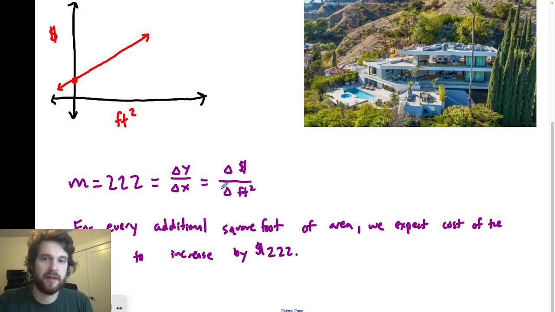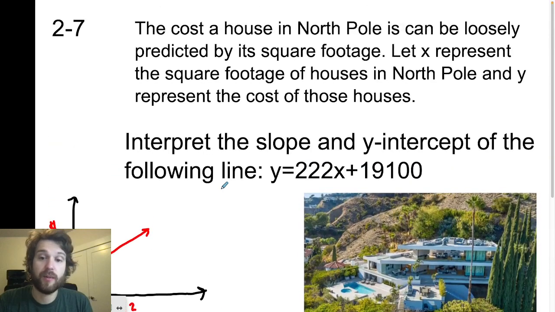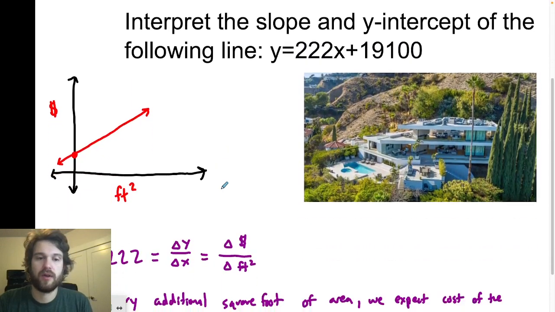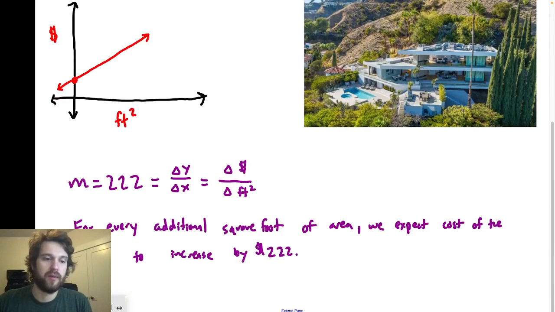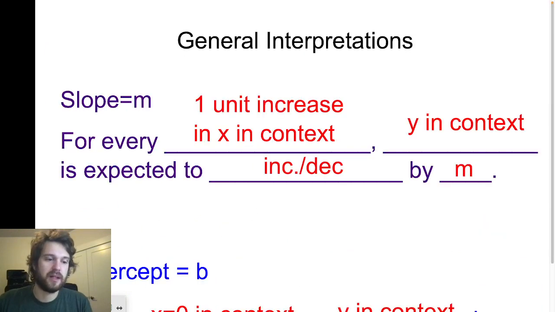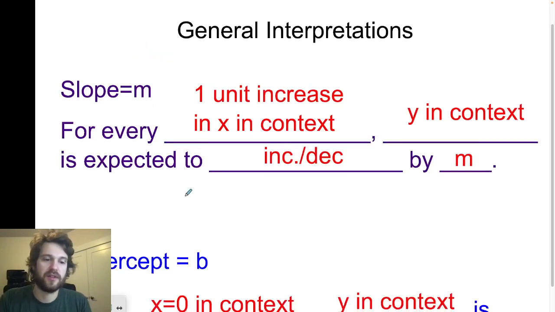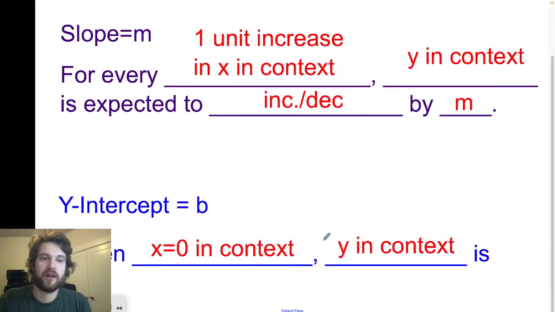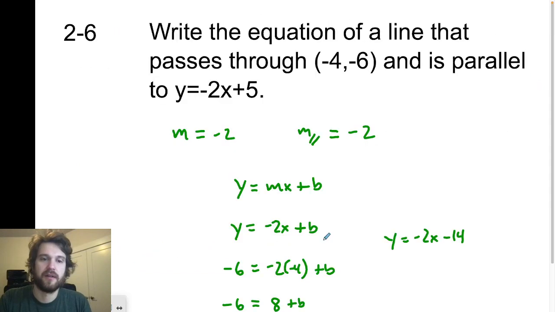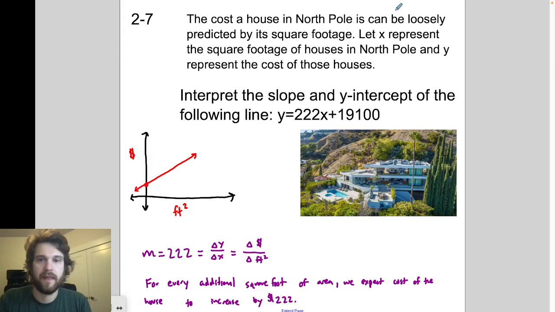I'm going to go to the next slide because it's really laggy on this slide. We need to interpret 19,100. All right, what does 19,100 mean in the context of this problem? If b equals 19,100, okay, what that means is, go back to our interpretations, when x equals 0 in context, what was x? X was the square footage of a house in North Pole.